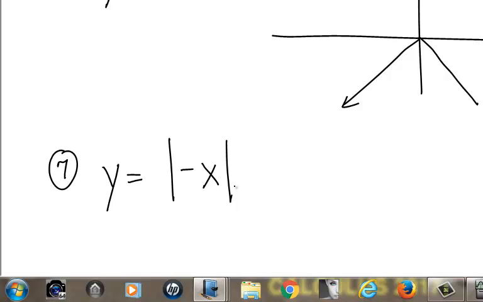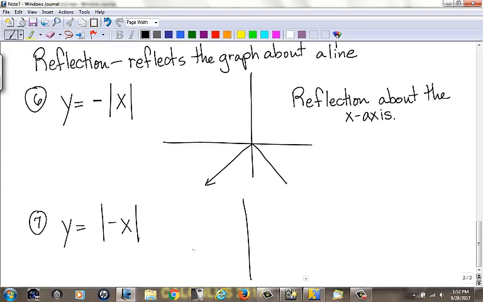So what is actually happening is it's taking this graph and folding it over the y-axis. So wouldn't this lie right on top of this? Yep. So you're not going to see a change. It's the same graph. If you have the colored calculators, you can see it because one's red and one's blue. The final answer does not look any different than the parent graph.